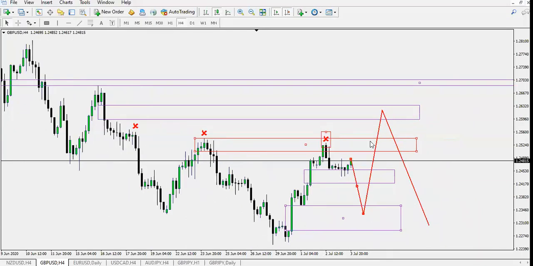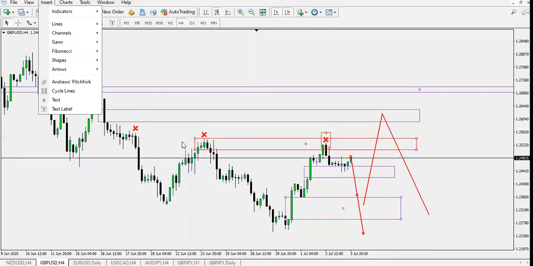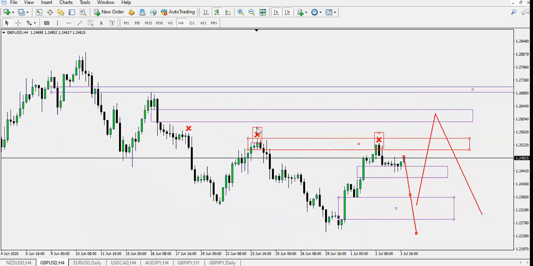Okay, so we need to continuously see market structure break over here. So here would be another point of liquidity. And obviously, we know in a trending market, we make higher highs and higher lows, or lower lows and lower highs, depending on if you're bullish or bearish.